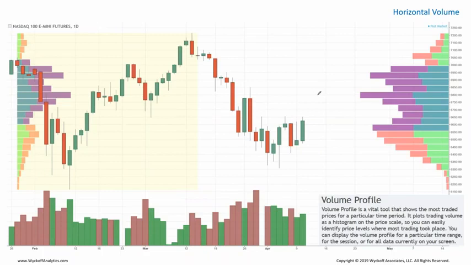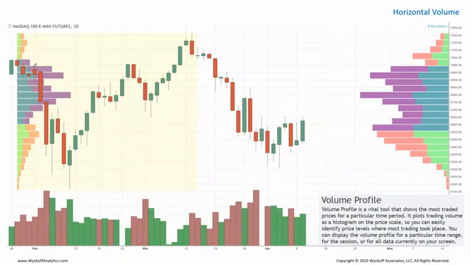Horizontal volume signature works extremely well in trading ranges. Why? Because it contains all of the data shown on the daily charts, as to where the majority of the volume came at which price level. So sometimes we call it price on volume, or volume on price, however you want to call it.